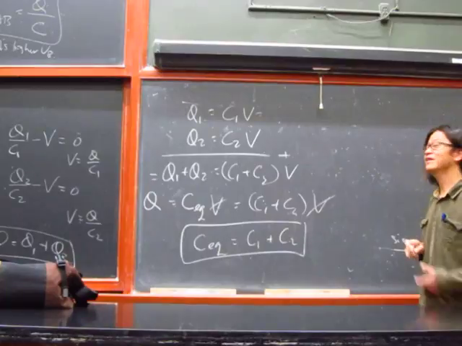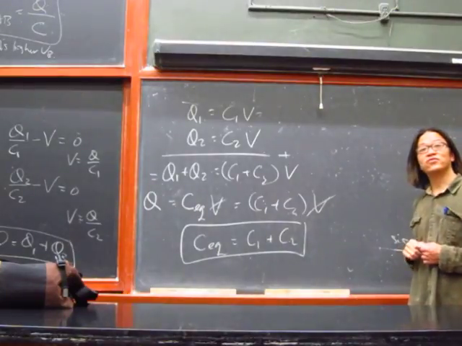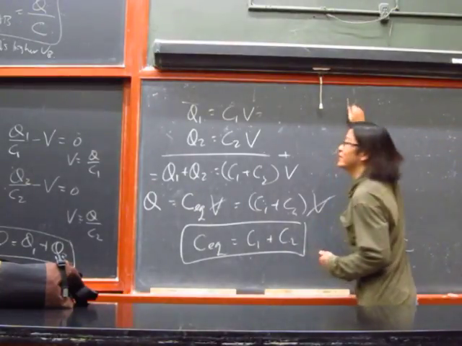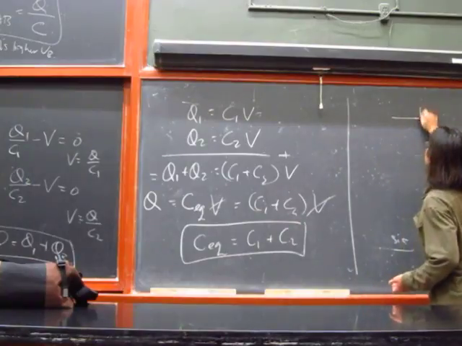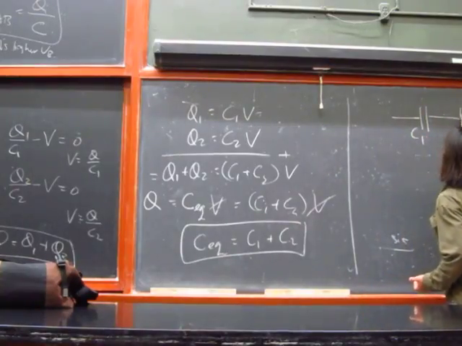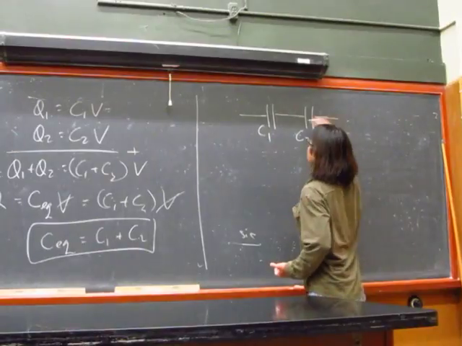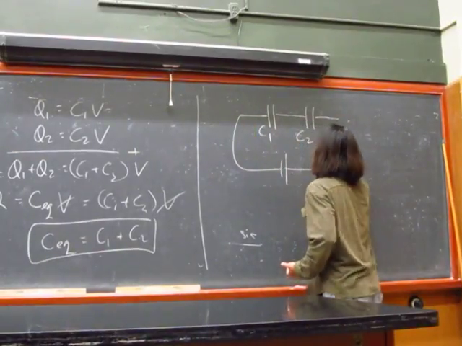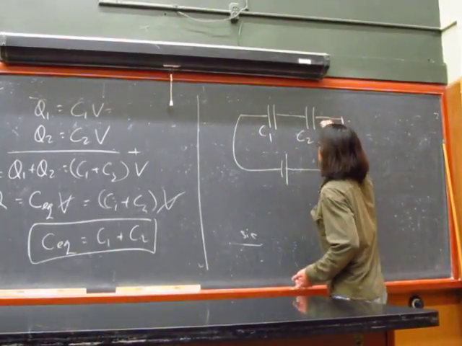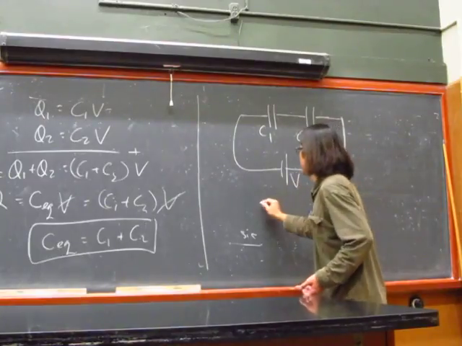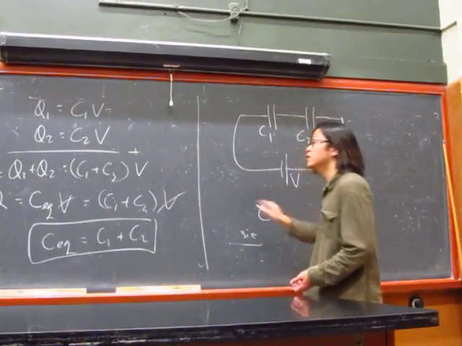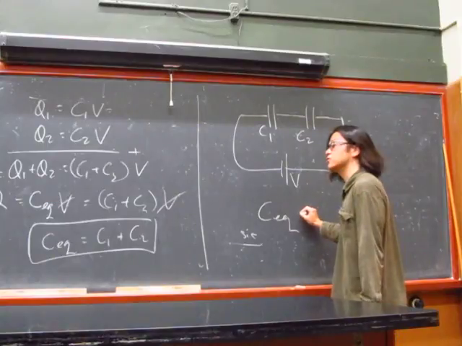Questions so far? Okay. And then if you attempt the same kind of thing, if I have two capacitors, C1, C2 here, connected to a voltage source V, you will find the C equivalent doing the same kind of analysis, which I will not go through.